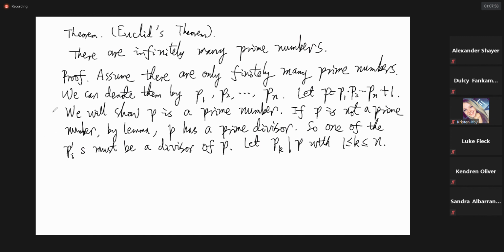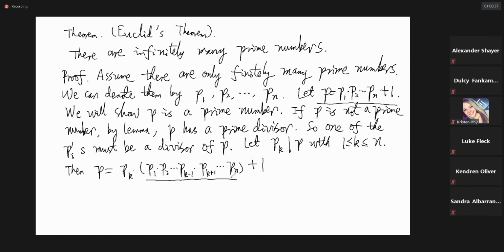So now what we can write is, recall this condition, P is equal to the product plus 1, then P is equal to pk multiplied by the remaining P1, P2, up to pk minus 1 times pk plus 1, up to Pn, plus 1. Okay, you just take out pk from the list and put it in the front.